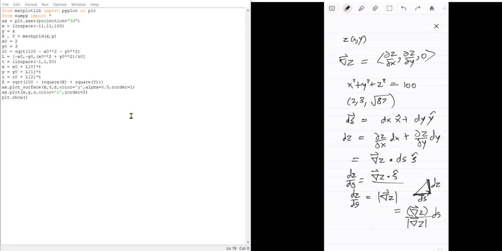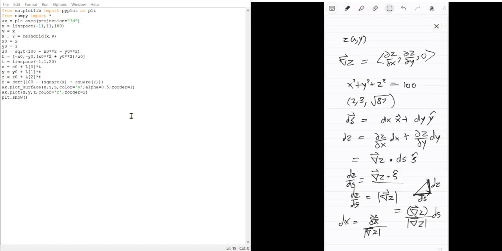Yes, so what basically that means is dx is just equal to the x component of all of this, which is basically just partial z upon partial x upon this thing, and dy would just be partial z upon partial y upon the same magnitude, right?